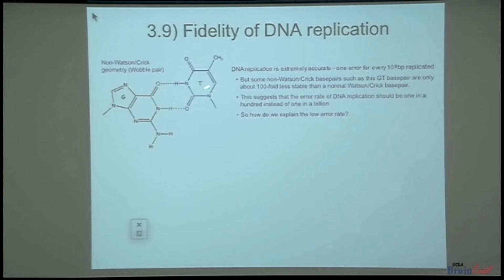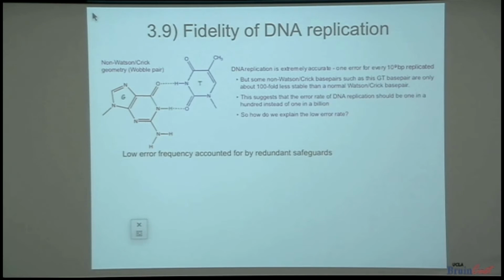If that's all we had to rely on to ensure fidelity of DNA replication, then we would expect an error rate of 1 in 100 instead of 1 in a billion, and life would not be possible as we know it. So how do we explain the 1 in a billion error rate as opposed to the predicted 1 in 100 error rate?